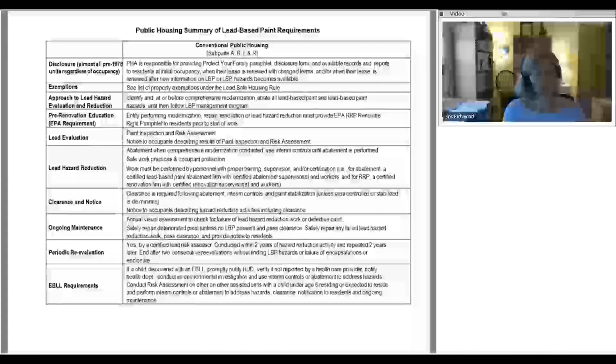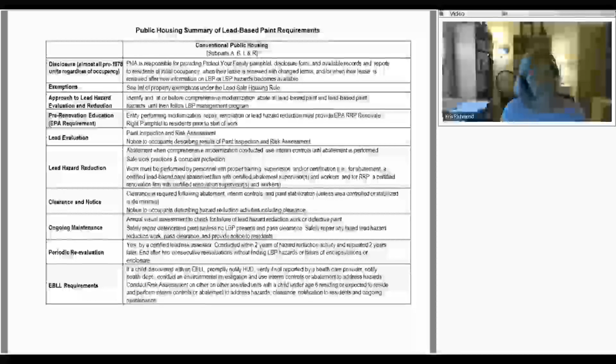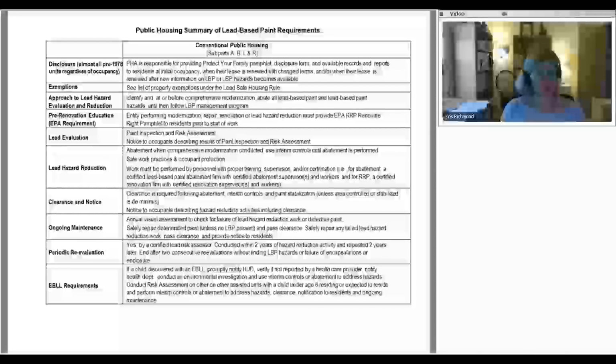In this case, we are assuming that the risk assessments and lead inspections were all done several years ago, and we have documentation of that, so now we're just doing visual assessments to ensure there's no deteriorated paint. We're treating any deteriorated paint using interim controls. If the area is larger than de minimis, we are always having someone trained in RRP, and we're providing the RRP pamphlet.